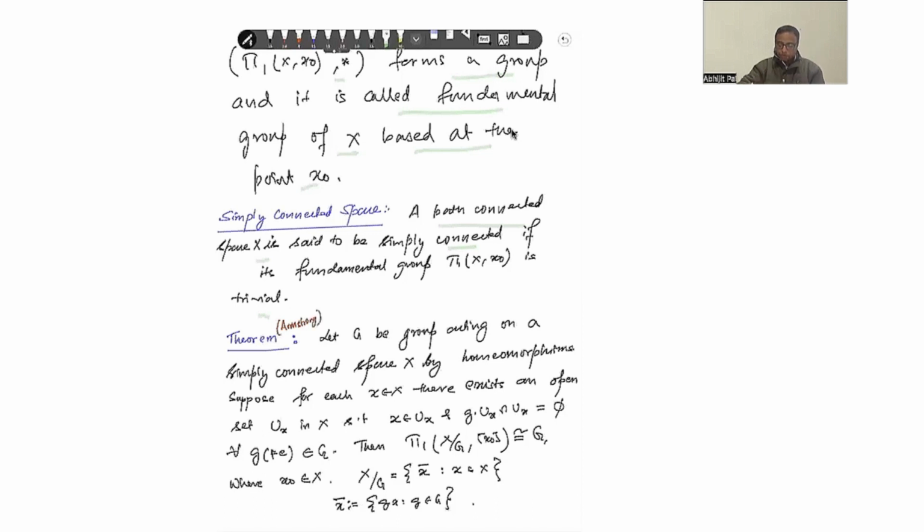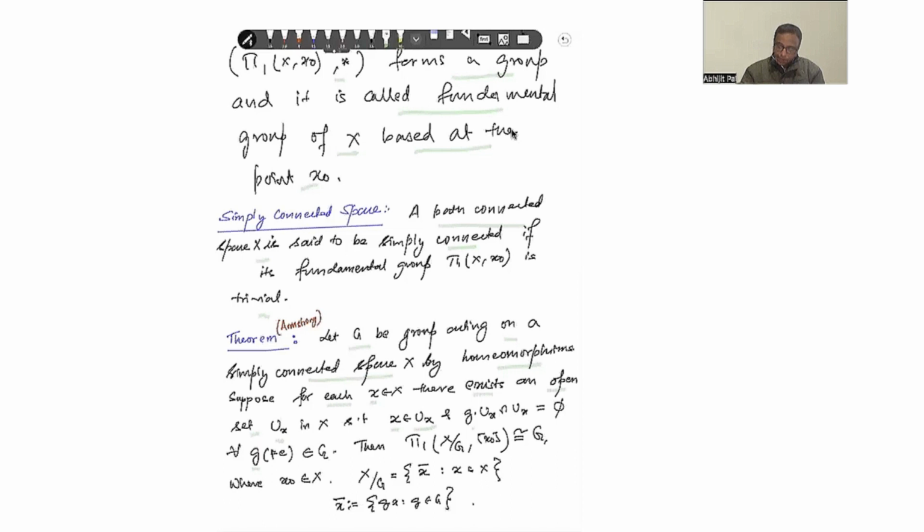What this theorem says is: let G be a group acting on a simply connected space X by homeomorphisms, and suppose for each element x, there exists an open set Ux containing x such that g dot Ux intersection Ux is empty for all non-identity elements g.